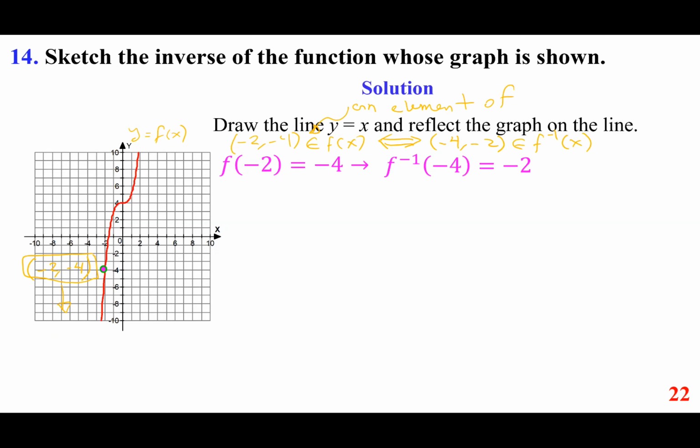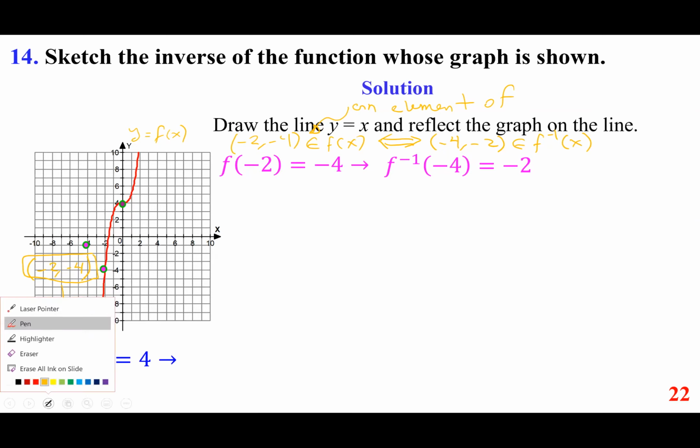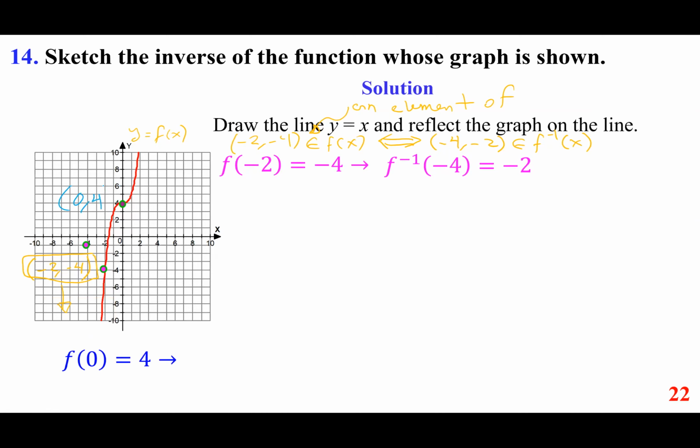Let's look at another easy point. So that's the point on the inverse. Another easy point would be this point. F of 0 equals 4. Let's use a different color and write it as 0, 4, which means the pair 0, 4 is an element of the function f.